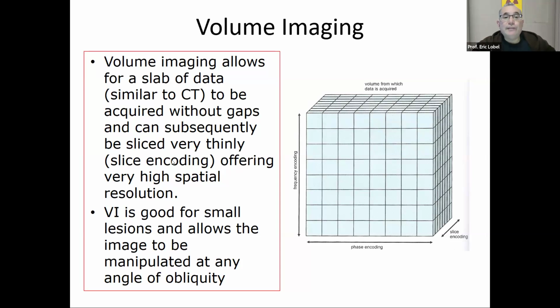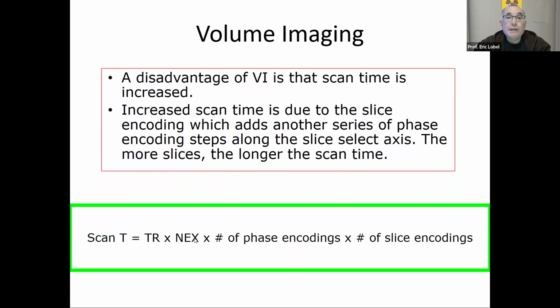But what happens is the slice encoding gradient has to go off yet again, which is why this is kind of like multiple K spaces put together. So it's going to take time and energy to do these things because you have to have very steep gradients for all of these. But it will allow you to see small little lesions, which can be very, very helpful. Like I was saying, the disadvantage, though, is scan time is going to go up.